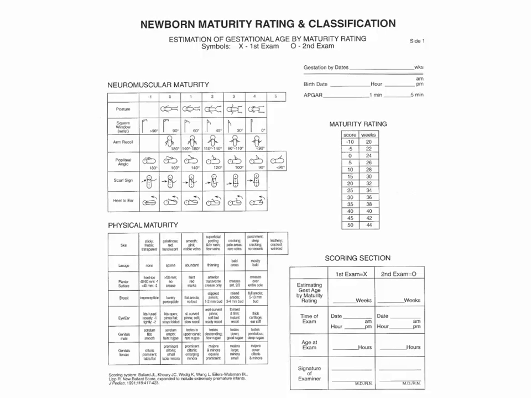The skin is dry and cracking with no vessels visible through the skin. Oh boy, we got a lot of talking to do to be starting out so bad. The skin is dry and cracking with no vessels visible through the skin. For lanugo, the baby is mostly bald. The sole creases cover the entire heel. The areola is 4 millimeters.